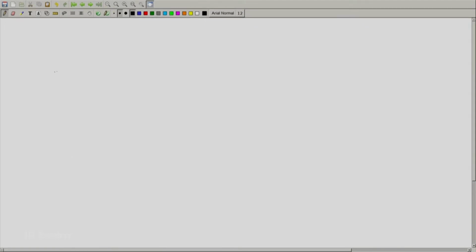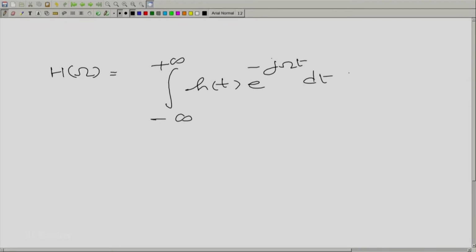So, the Fourier transform capital H of omega is going to be given by the integral from minus to plus infinity of h(t) e raised to the power minus j omega t dt.